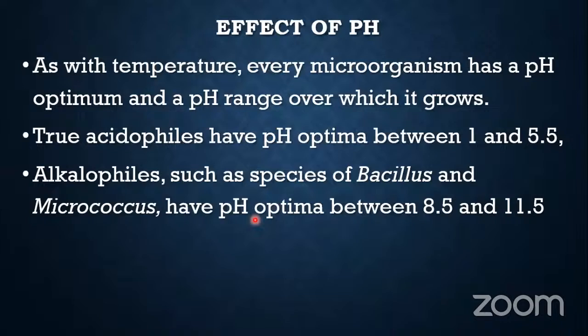Though we have some fungi that grow at pH between 4 and 6, lower than most bacteria. However, in terms of pH tolerance, the acidophiles prefer lower pH, whereas the alkalophiles prefer the higher pH.